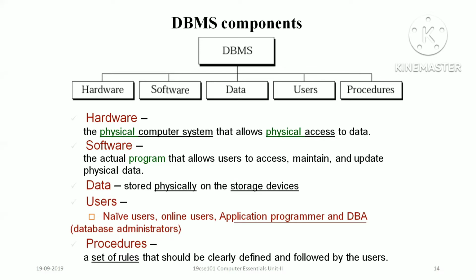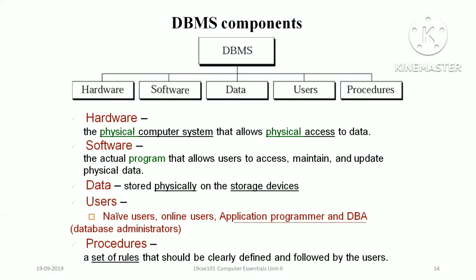Or we can also say when we make an online transaction or an online purchase, we are acting as an online user. In simple terms, if we are purchasing anything online, like a laptop, earphones, headphones, anything, and we are making an online transaction, then we are acting as an online user.